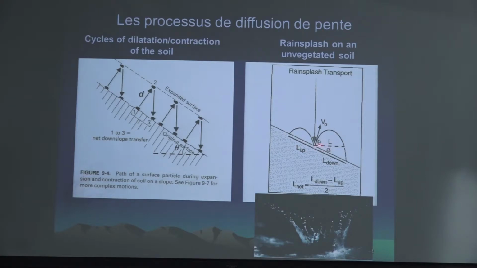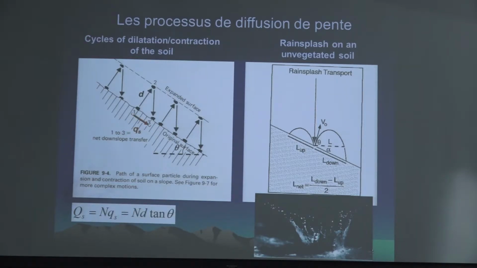So it means that if you multiply the raindrop and the rain splash, it is more efficient on longer distance of transport on the right side than on the left side. So at the end, you will have some physical transfer of the material to the right just because of the longer distance of transport downslope than upslope.